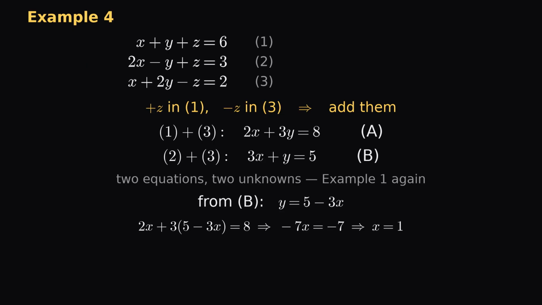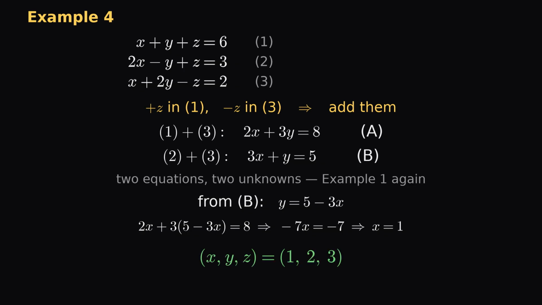From b, y equals 5 minus 3x. Substitute into a. 2x plus 3, bracket, 5 minus 3x equals 8. 2x plus 15 minus 9x equals 8. Minus 7x equals minus 7. x is 1.